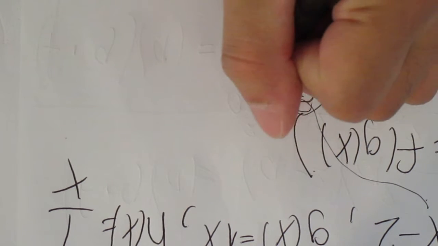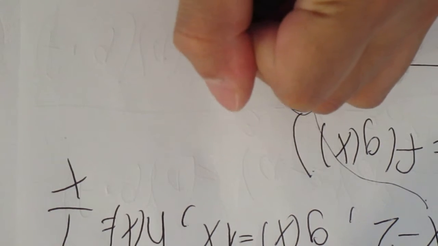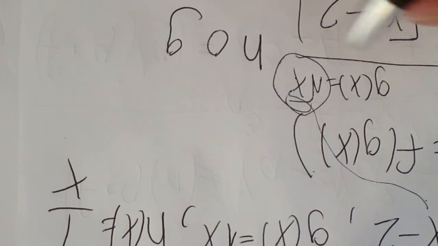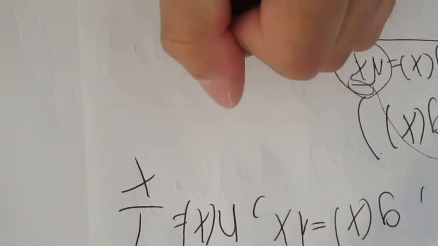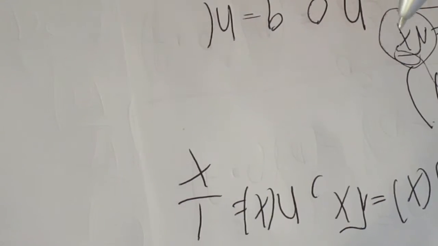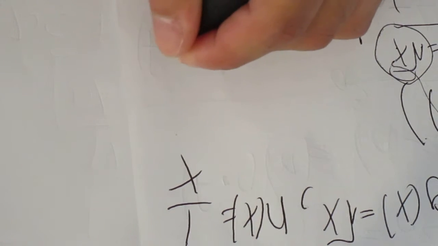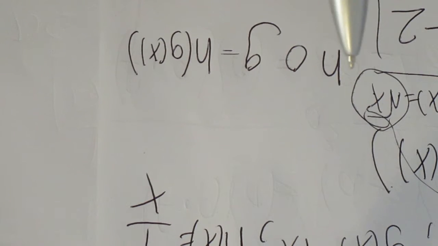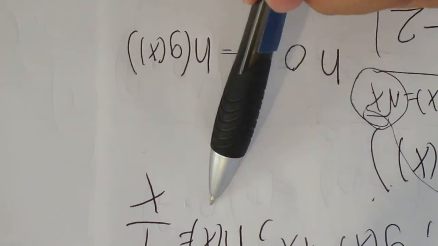Okay, so what about H? H-O-G, hog. Here's the mathematical form, so it's h of g of x, and then all you gotta do is plug in the function g into the function of h.